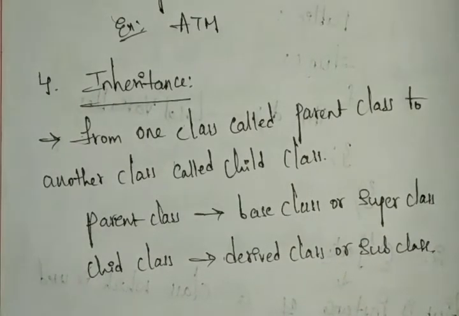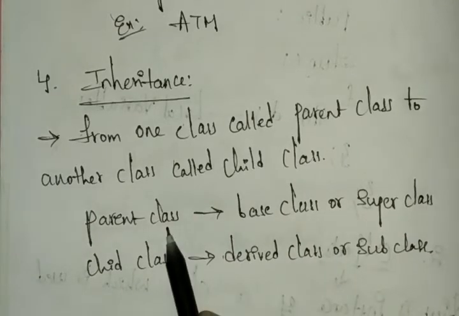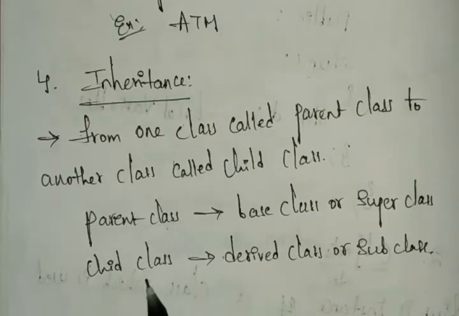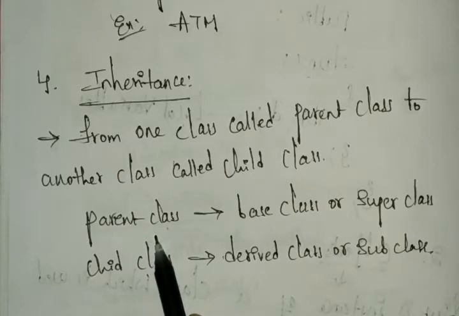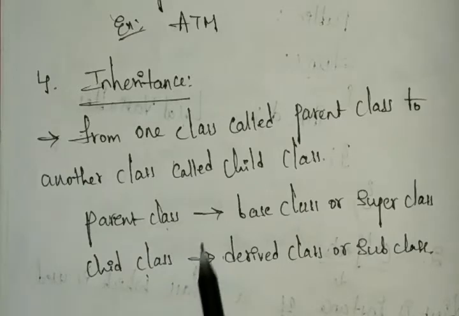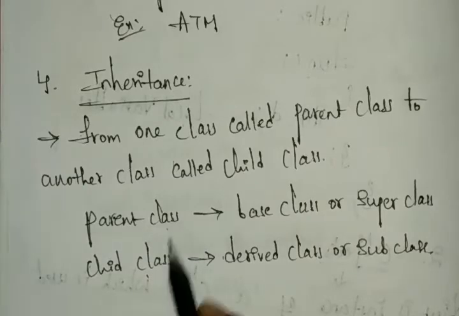The parent has some elements or features, so the parent class contains its own features. The child class has its own features also, but it also performs the parent class features, so the child class performs both the parent and child class features.